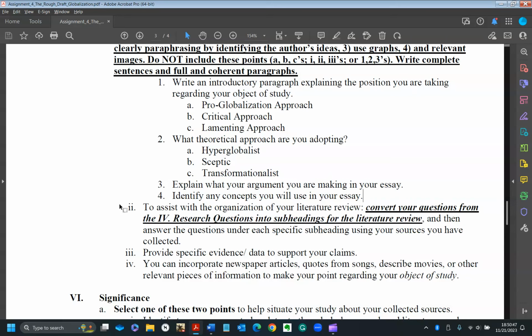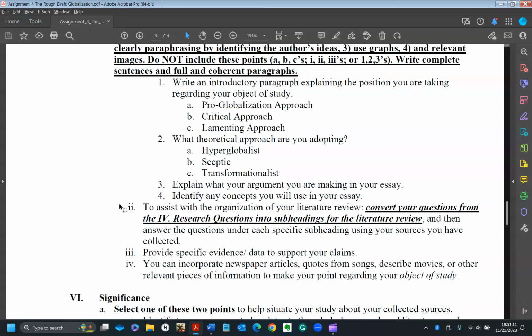Because you want to avoid, as I've written in some of your papers, giving the impression that you're writing a fragmented or a multi-theme paper. Writing a multi-theme paper, or even a fractious paper, is not going to aid your reader to understand what you're trying to convey to them.